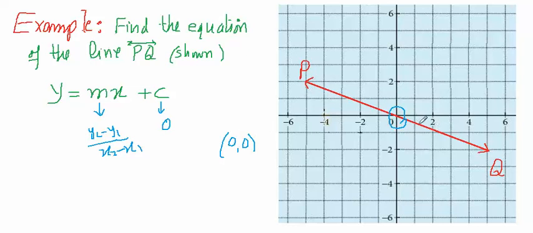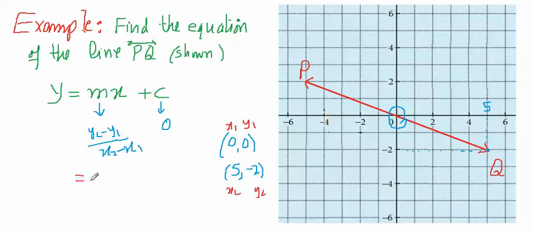Here this corner point is easy to read, so we can read this. This is 5, so it is 5 comma, and its y coordinate is -2, so we write -2. Then we can mark them as x1 y1 and this one as x2 y2.